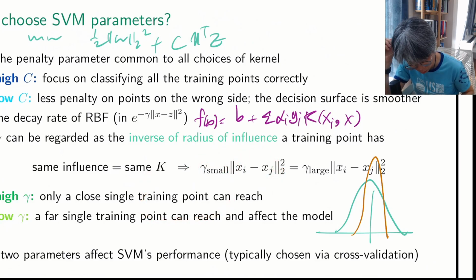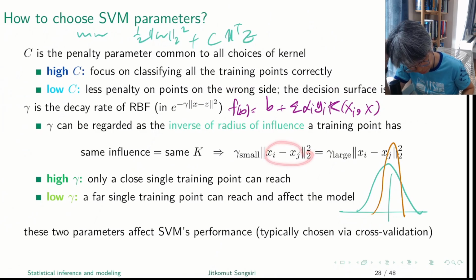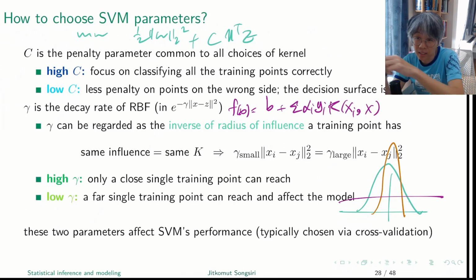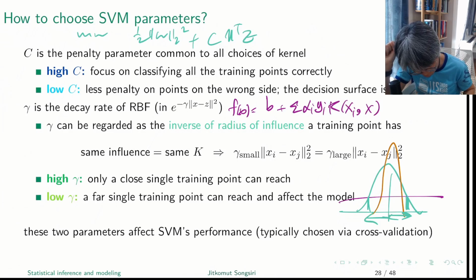So for small gamma, the mint color, in order to have the same k, the same horizontal line, you can reach a far training point that will allow you to have the same effect on the model.